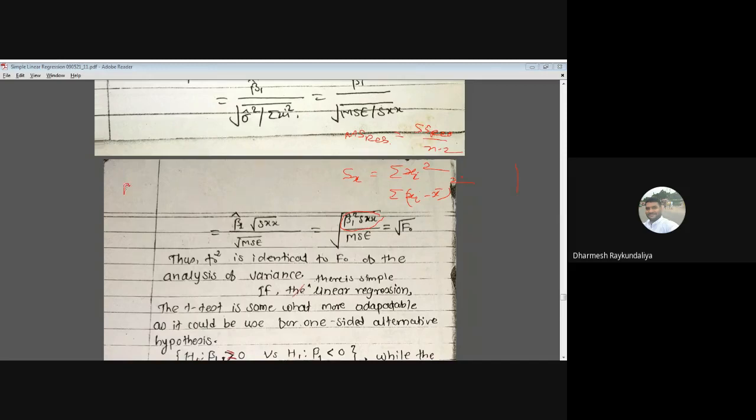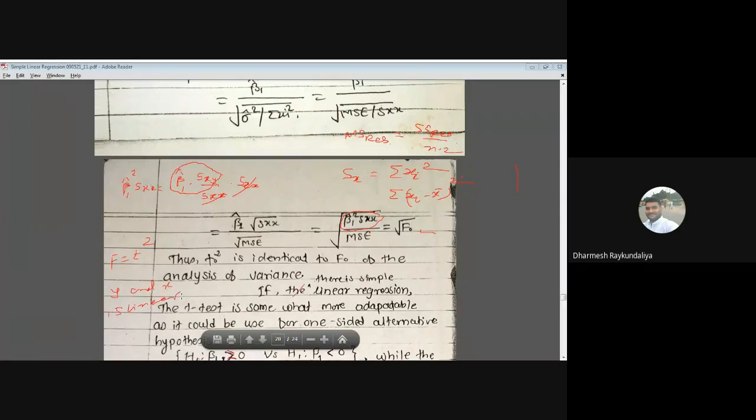We know that beta 1 cap square Sxx is equal to beta 1 cap times beta 1 cap, and one beta 1 cap we can write as Sxy upon Sxx, and this is Sxx, so this cancels out. It is beta 1 cap Sxy, and it is nothing but the sum of square due to regression. So the sum of square due to regression divided by 1, divided by MSE, is the F. The relation between t and F is F equals t square, provided the relation between y and x is linear.